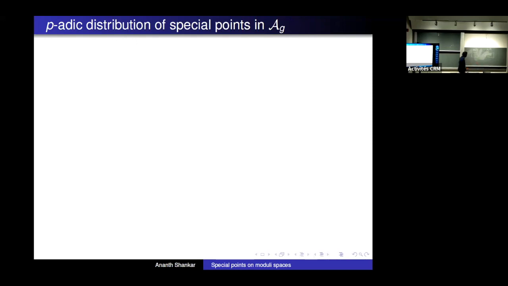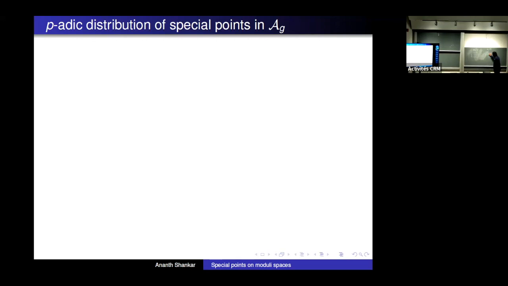Loosely speaking, given any Q_P-bar valued point, you can reduce it mod P to get an F_P-bar valued point. Just like any number can be reduced mod P, you can do the same for points on varieties.